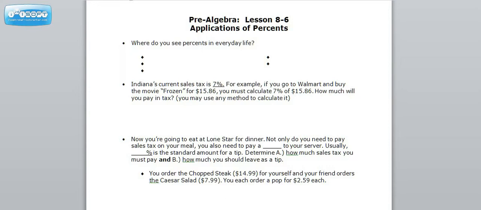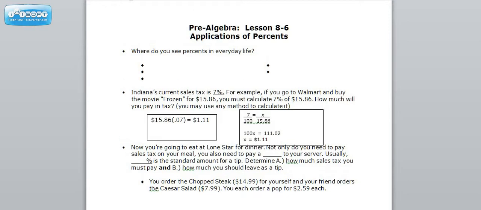And I don't care which method you use to calculate that. You can use your equation method or you can use your proportion method. I am going to give you the answer here, but I want you to see if you can work it by yourself first and see if you come out with the right answer. As always, I don't want you to just write down the answer. I want you to show your work as well.